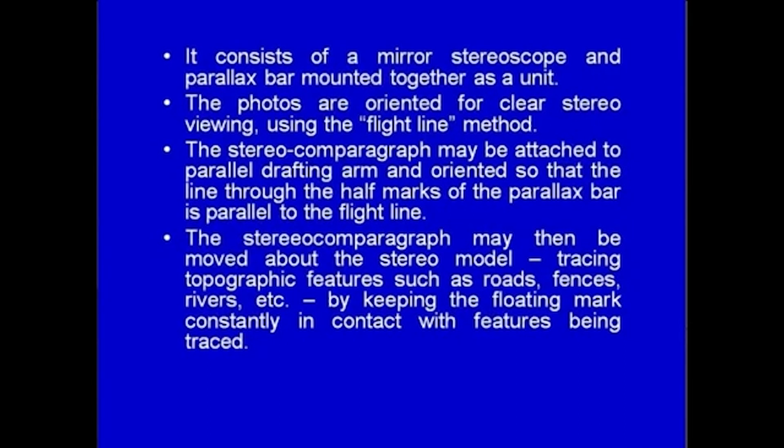The stereocomparatograph may be attached to a parallel drafting arm and oriented so that the line through the half marks of the parallax bar is parallel to the flight line. The stereocomparatograph may then be moved over the stereo model, tracing topographic features such as roads, fences, rivers, etc., by keeping the floating mark constantly in contact with the features being traced.